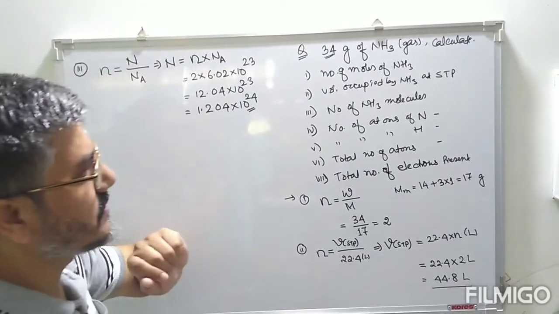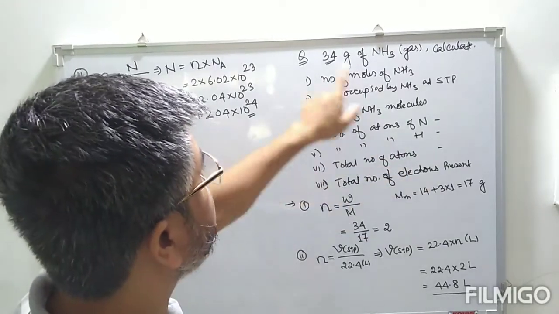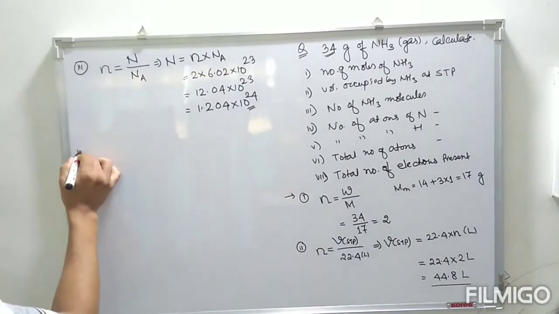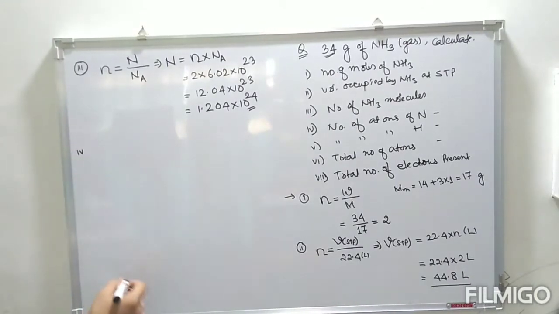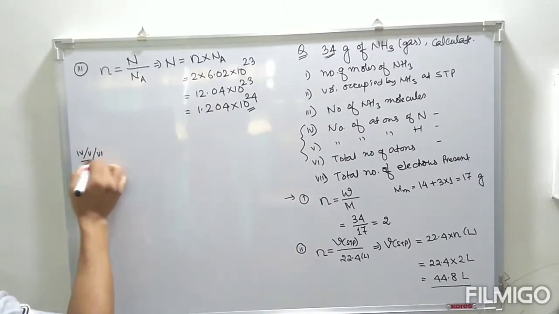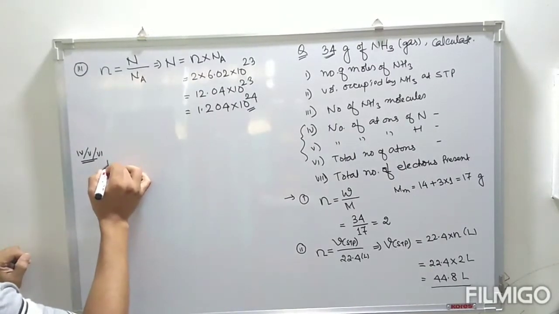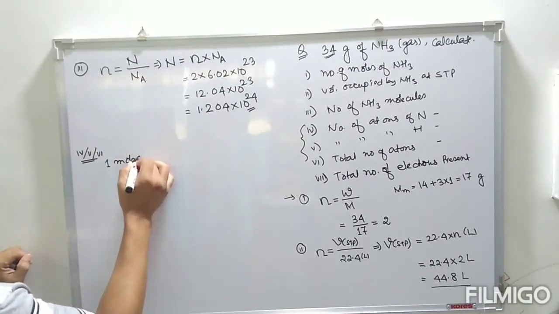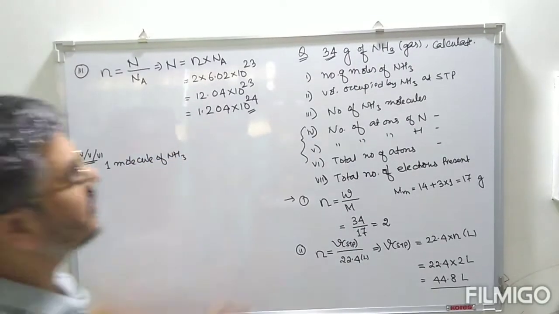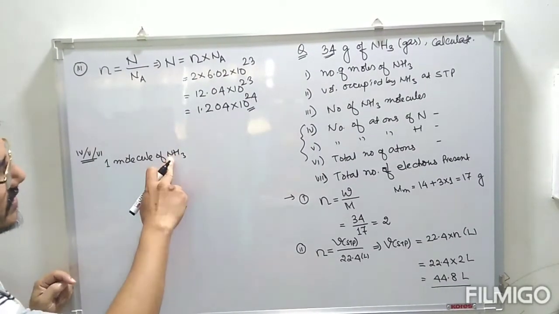Then look at this. How many atoms of nitrogen and hydrogen are present in 34 gram of ammonia? Now, take this 4, 5 and 6, I'll combine these two. Take one molecule of ammonia. Look at this formula. One molecule of ammonia contains how many nitrogen?